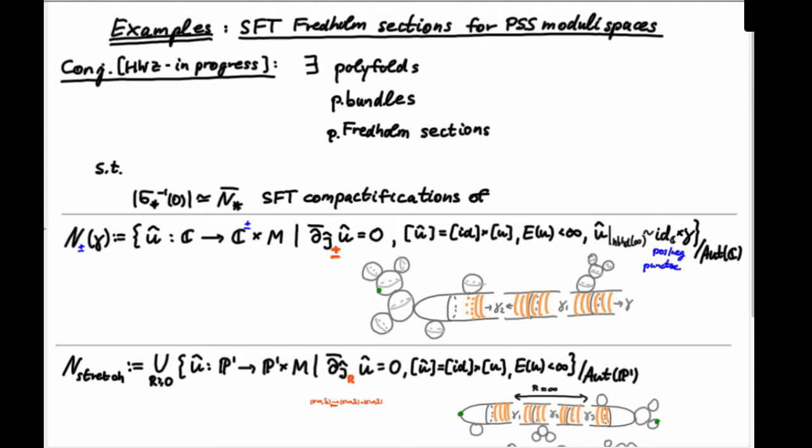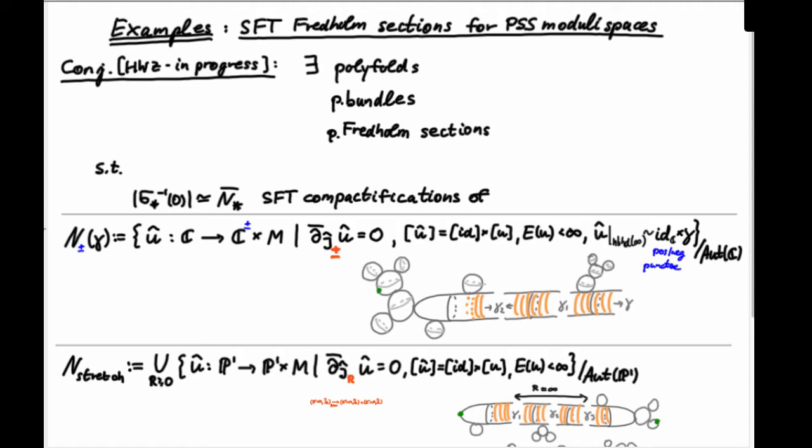So I need to say how I'm cutting out these SFT compactifications of the nice moduli spaces that I had. I had these graphs of curves, and for the PSS in C times M, graph J's, finite energy, fixed asymptotics at Hamiltonian orbits, and then they needed to get compactified somehow.